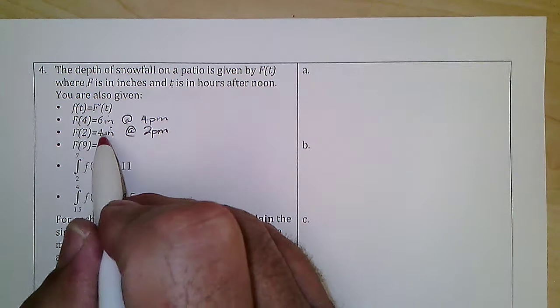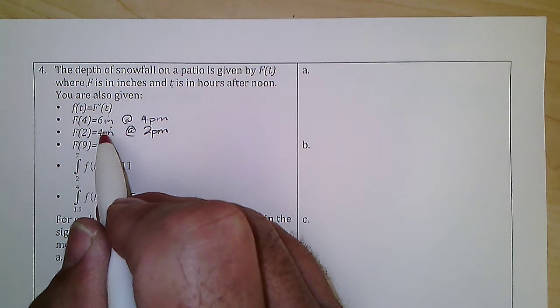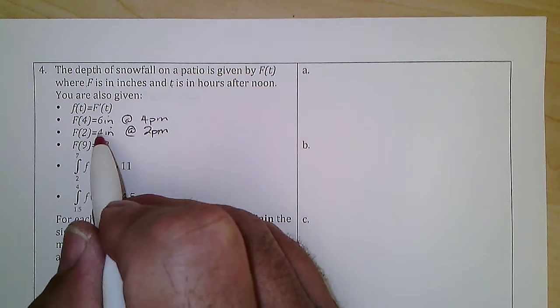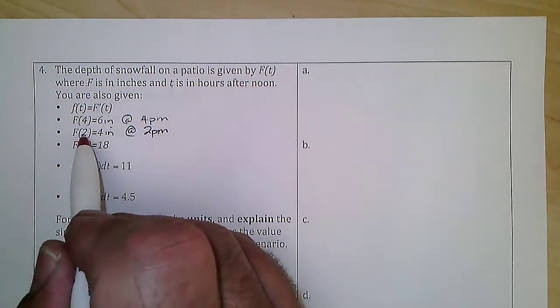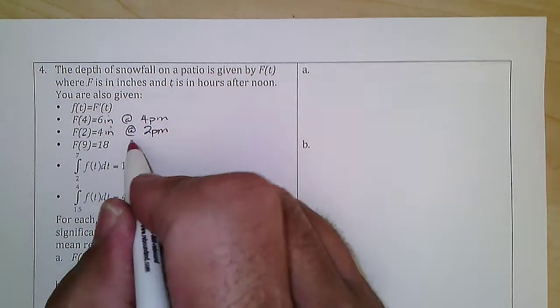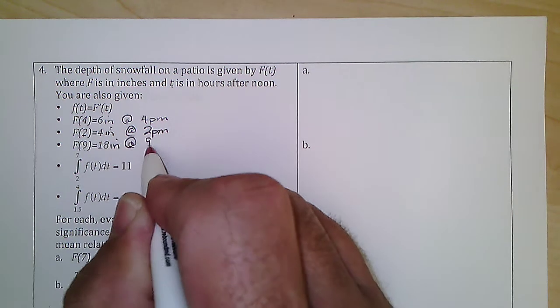That doesn't say there was 4 inches on the ground from noon to 4, because there could have been a little bit on the ground before noon, or none at noon to 1, and it all happened later. So all we know is there's 4 inches piled up at 2, and at 9 p.m., there's 18 inches.